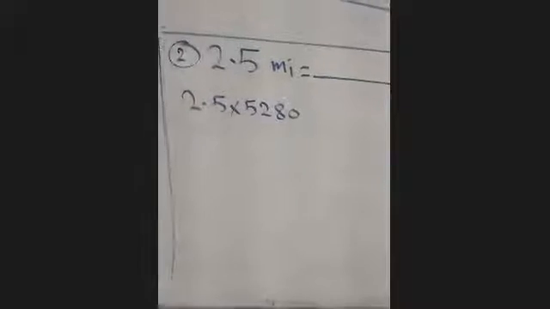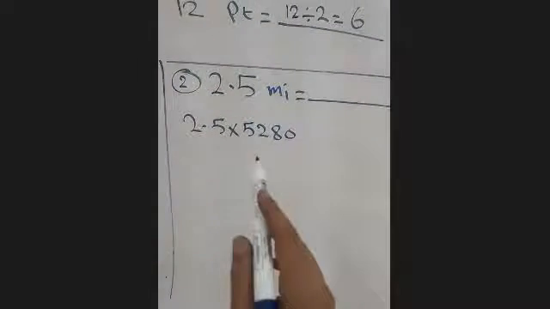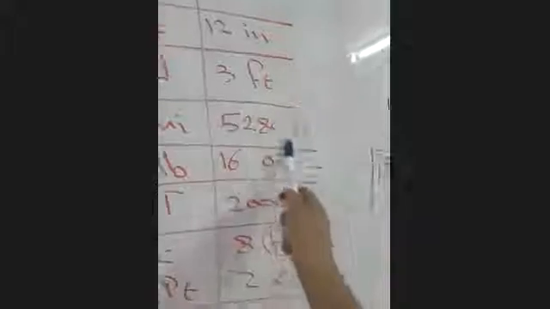So 2.5 multiplied by 5280, just give me a second to calculate it. This will be 13,200. Now, 13,200 what? I turned from miles to feet, so it is feet.